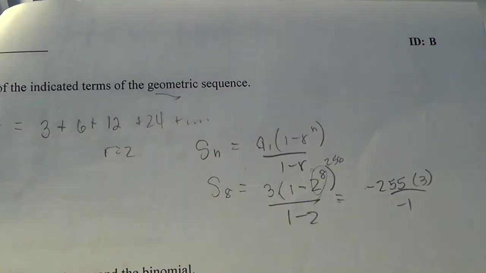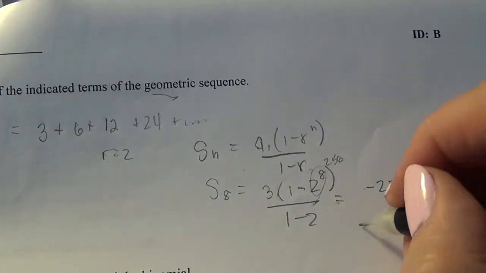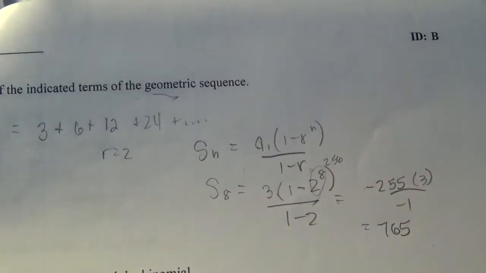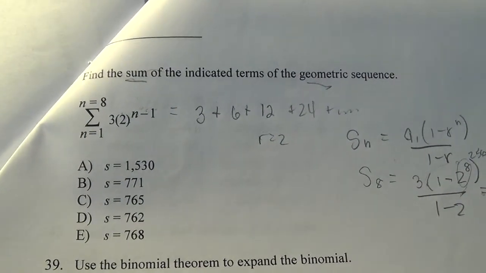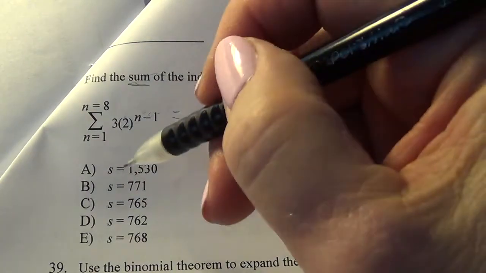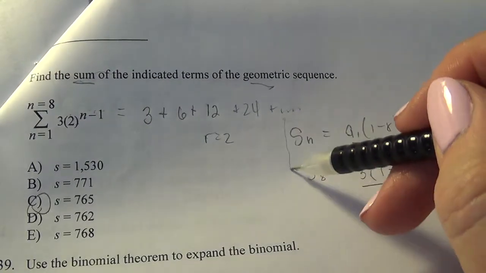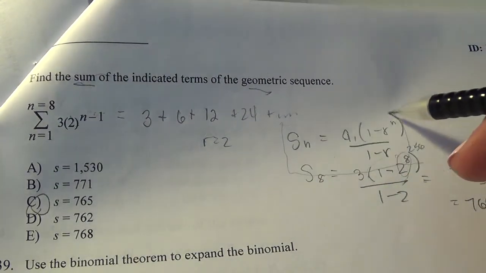So we end up with a positive 765. And looking over here, that is one of the possibilities. Checking it out, it is correct. Alright, one of these formulas you should write down on your card or memorize.